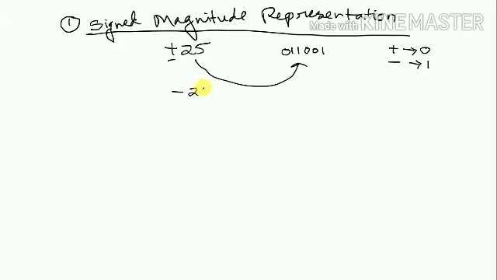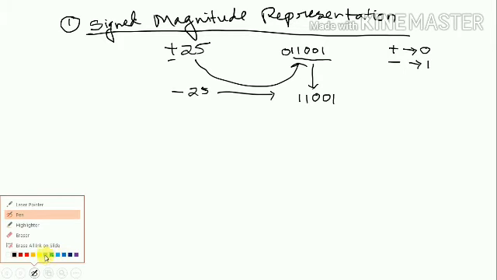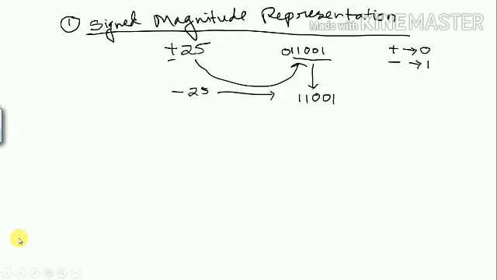Now to represent minus 25, what will you do? At first you will convert this 25, so you will write the binary of 25, and then for a negative number you put the 1.